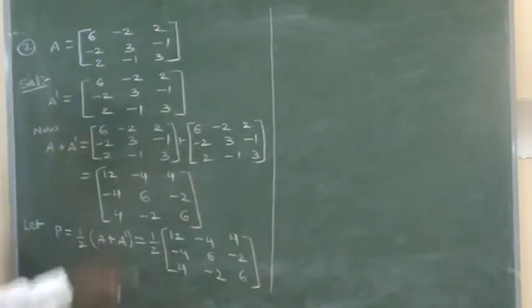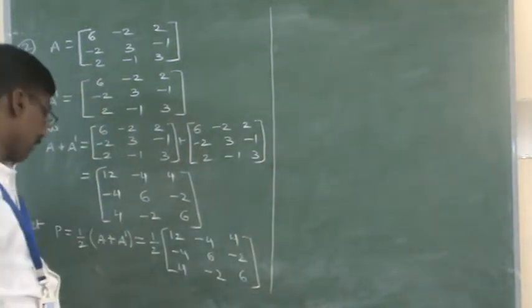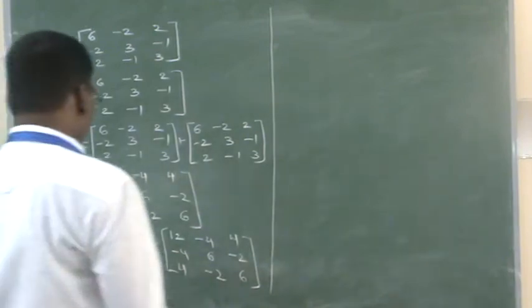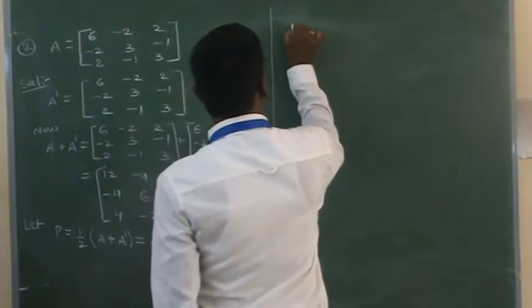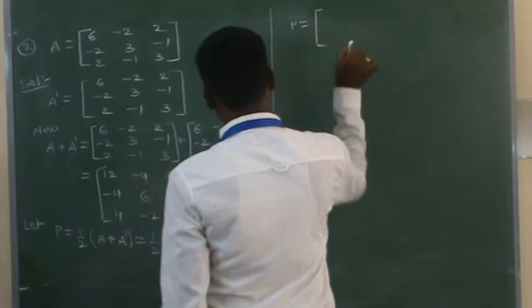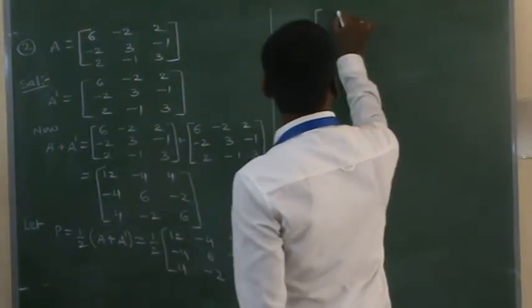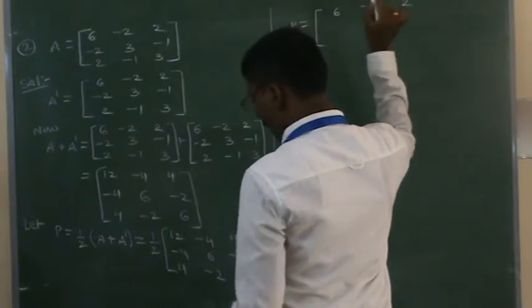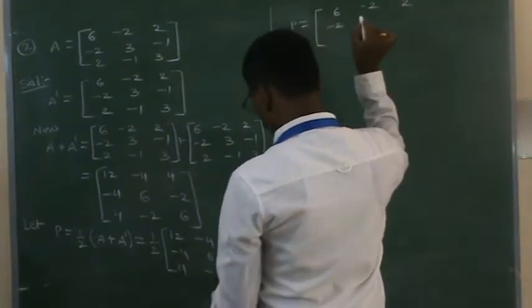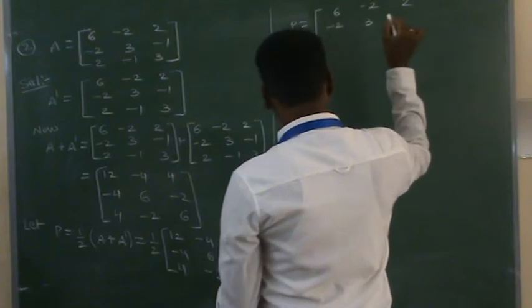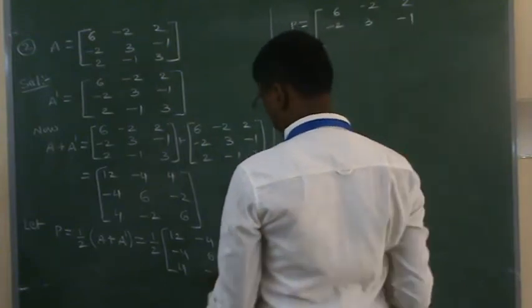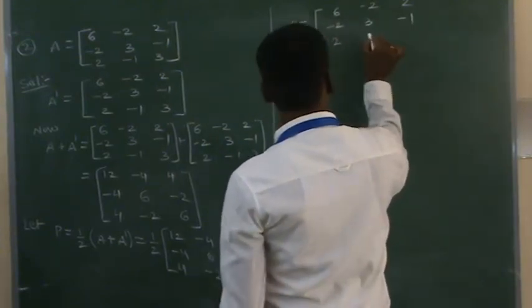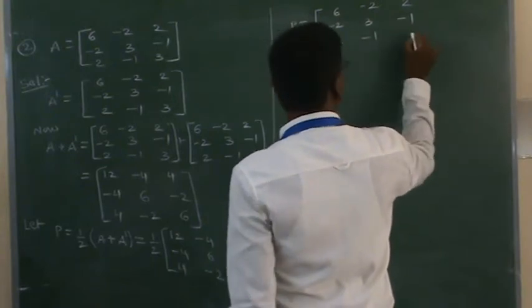Same as with a 2 by 2 matrix, we solve with the same condition. From this, matrix P is 1 by 2 times the matrix 6, minus 2, 2; minus 2, 3, minus 1; 2, minus 1, 3.